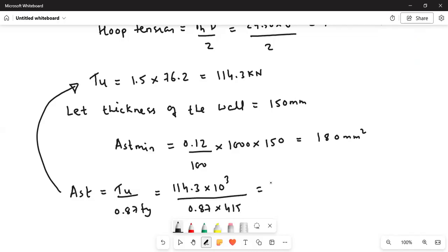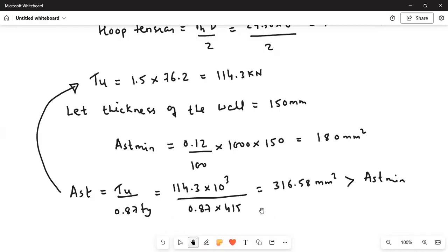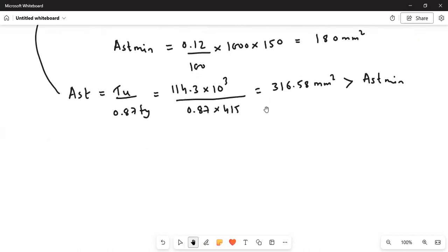Okay, we are using HYSD bar. So this is coming as 316.58 mm square, which is greater than Ast minimum. So whatever Ast we have gotten, we can take that, okay, because that is greater than Ast minimum.